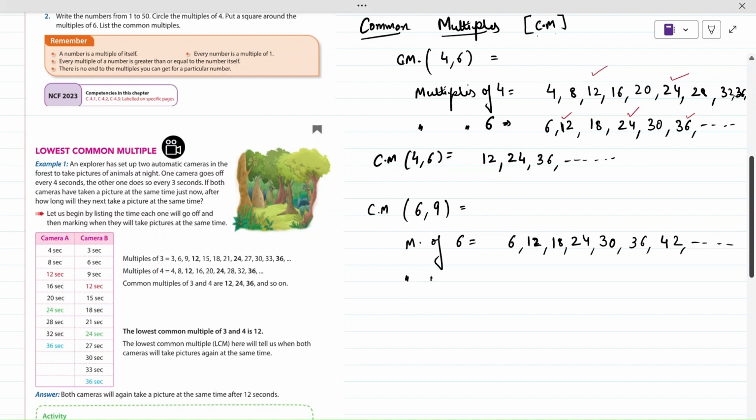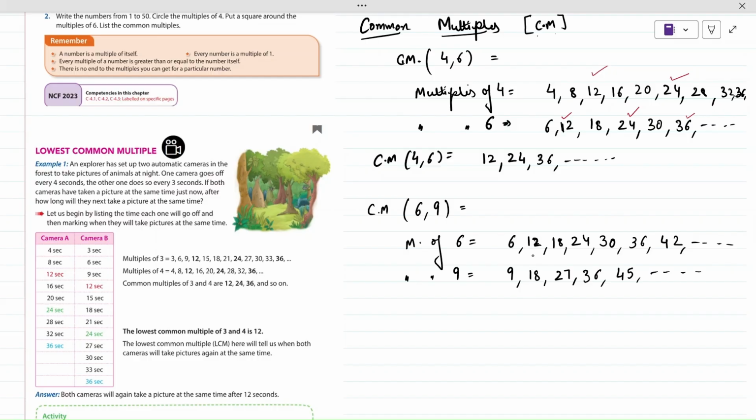Now let us write down the multiples of 9: 9, 18, 27, 36, 45, and so on. All these are the multiples of 6 and these are the multiples of 9. Now let us try to find the common multiples.